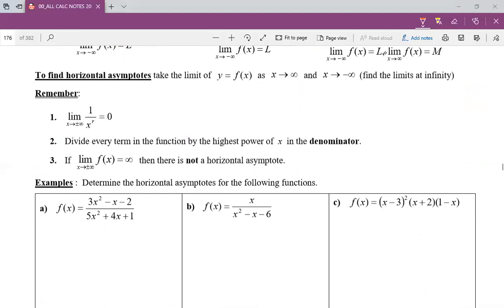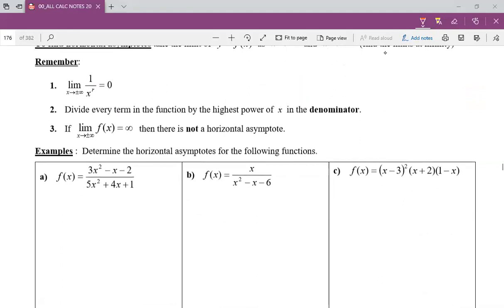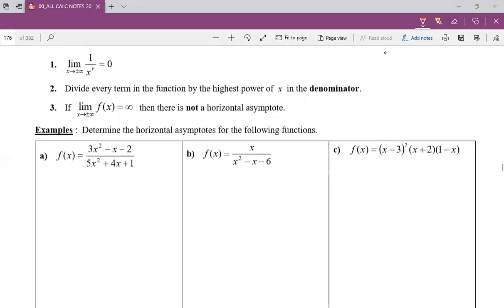Divide every term in the function by the highest power of x of the denominator. So we're just going to look at your highest power of x of the denominator. If it's infinity, then there is no horizontal asymptote. So let's just look at your denominator's degree.